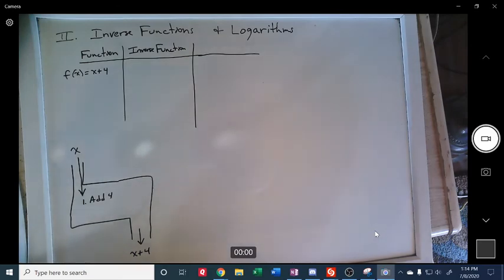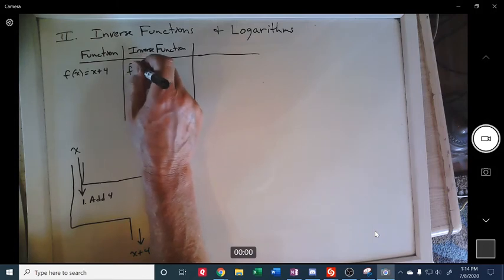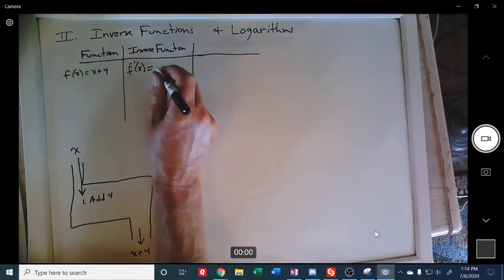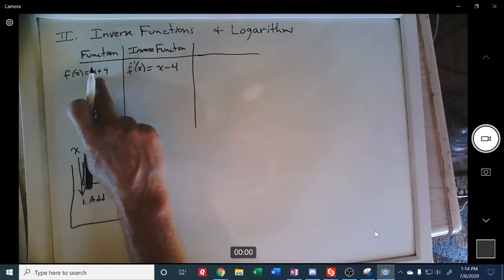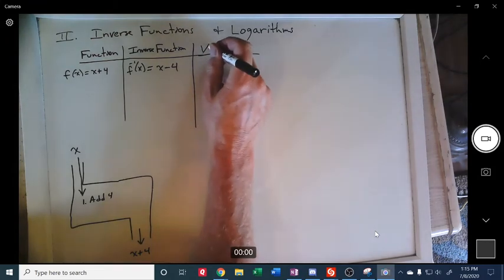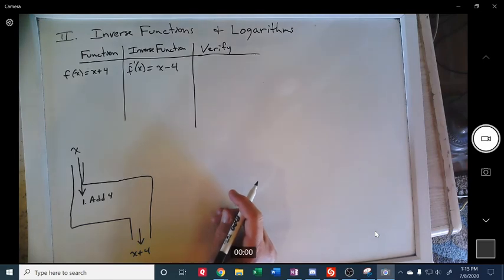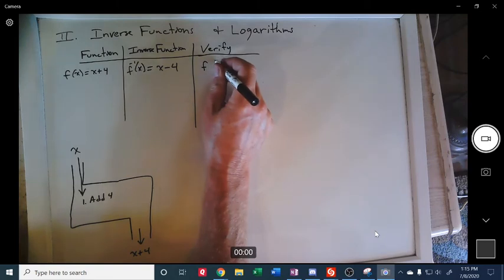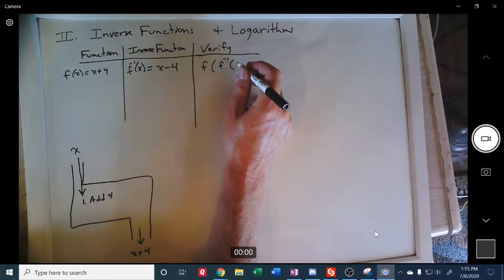Okay. Now, the inverse function, the inverse of making something 4 longer would be making something 4 shorter. All you do is change the action word. Instead of adding 4, you subtract 4. Like this. And then we verify by taking f and f inverse together of something.